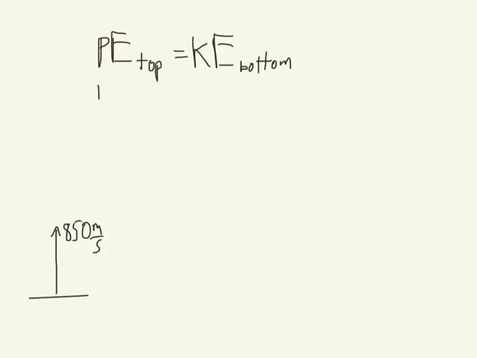So the potential energy at the top is the mass times the acceleration of gravity, which is essentially the weight, times the height that it attains. And there, h, there's our variable that we want to solve for. And so we can set that equal to the expression for kinetic energy.